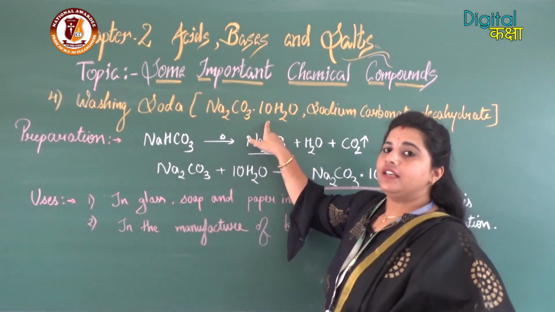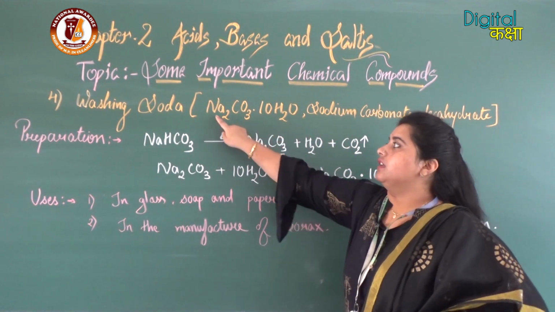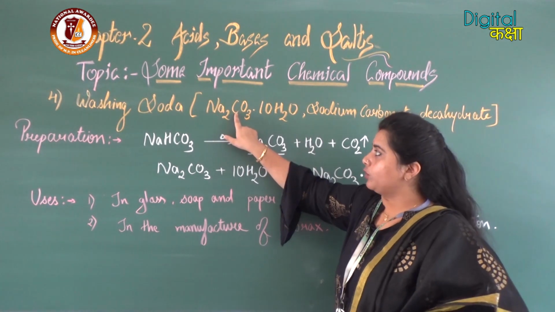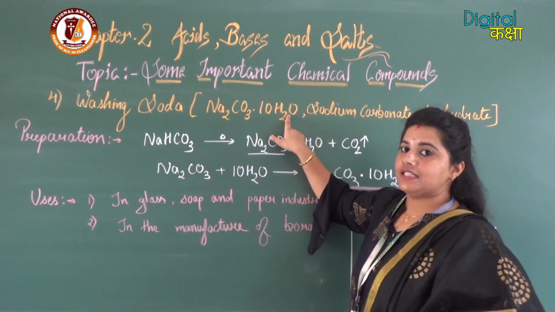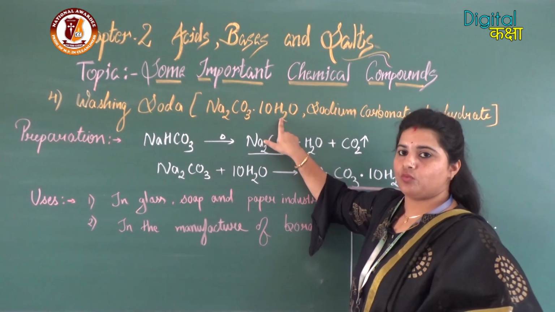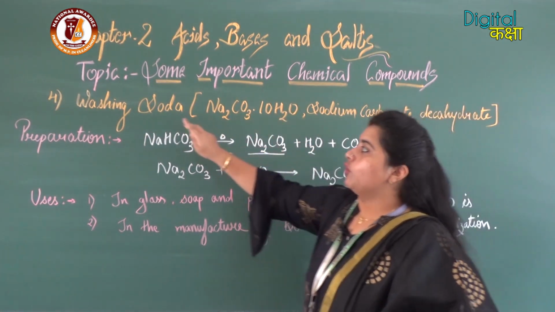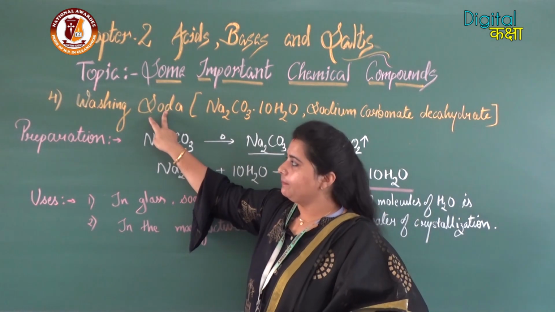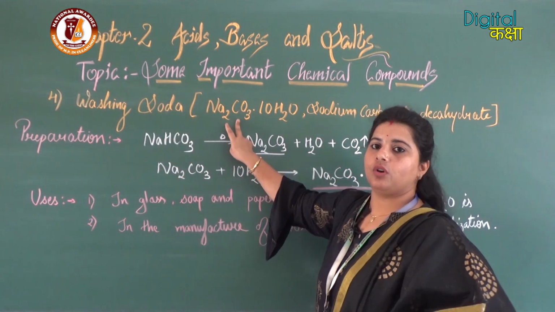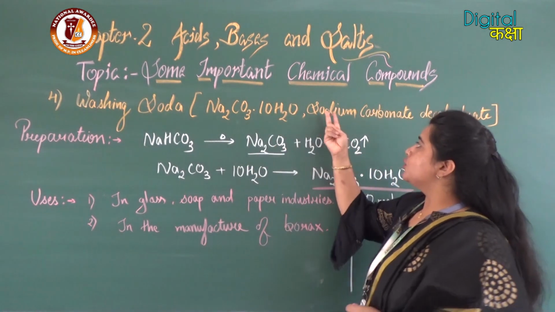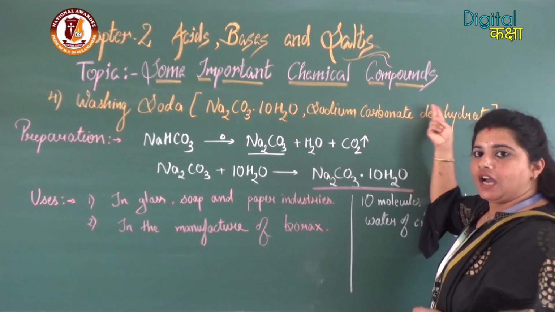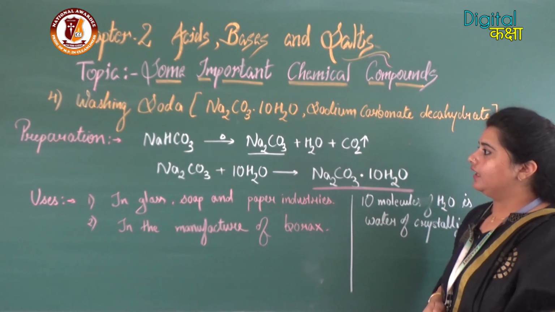Now the chemical name of this is sodium carbonate decahydrate. Deca means 10, hydrate means water. So washing soda is the common name. Na2CO3.10H2O is the chemical formula, and sodium carbonate decahydrate is the chemical name.